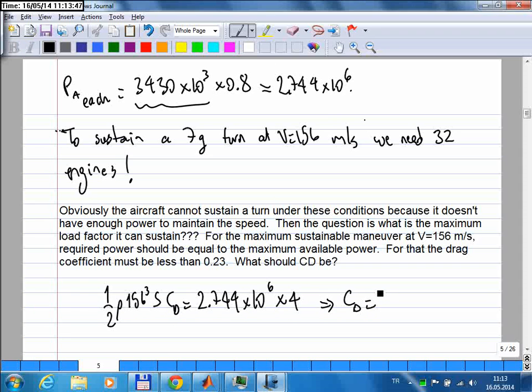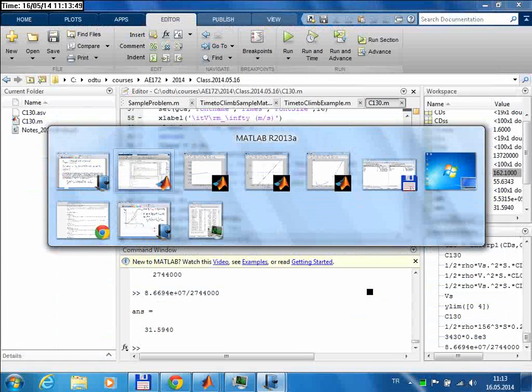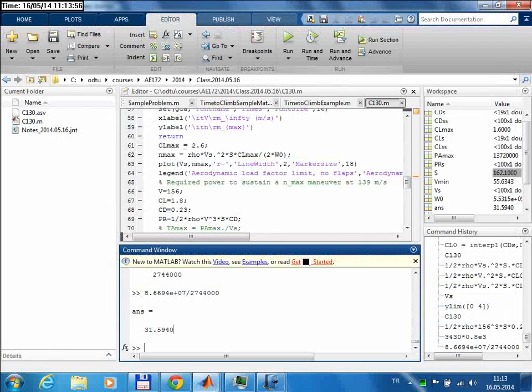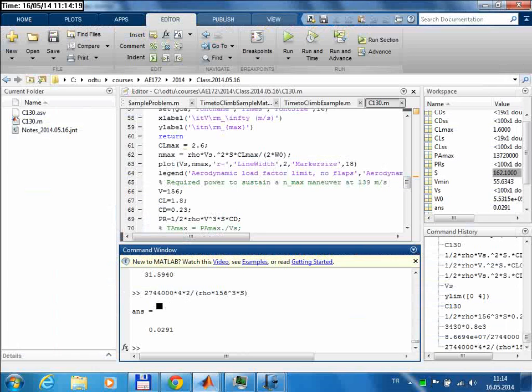From here we can find the drag coefficient as this number times 4 times 2, divided by rho times V cubed times S, which gives 0.029.